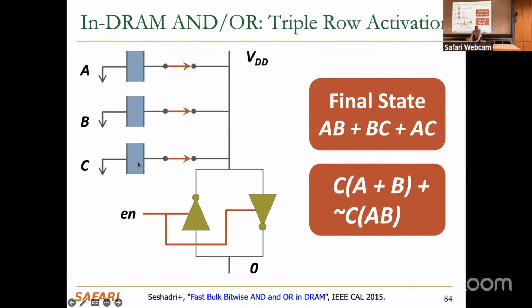If you activate only one row, you sense the value of this at the top end of the bit line, but on the other end of the sense amplifier, the other side of the bit line, you essentially have the complement of that value, right? Because of the cross-coupled inverter. So you already have the NOT actually, but you don't have it in the same subarray.